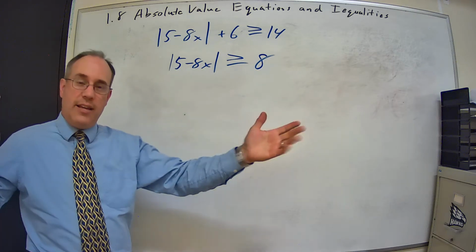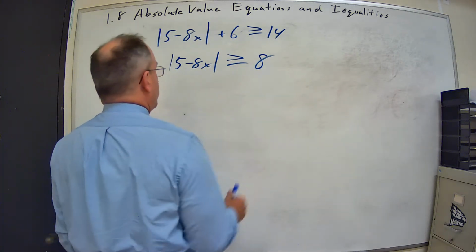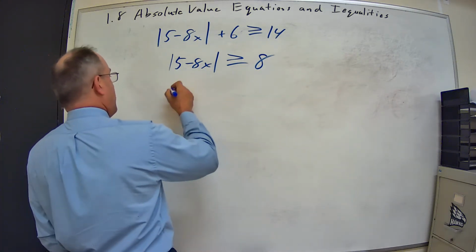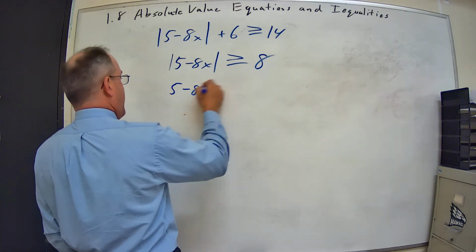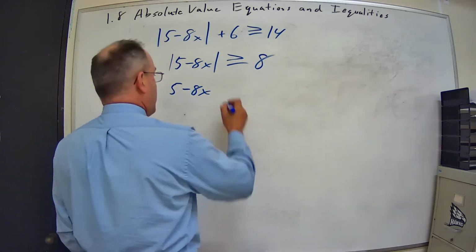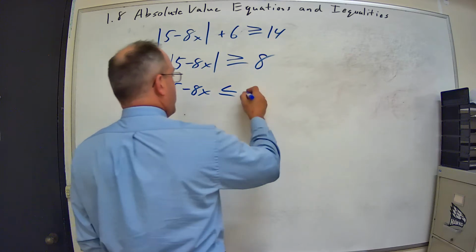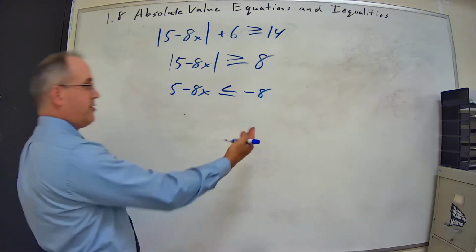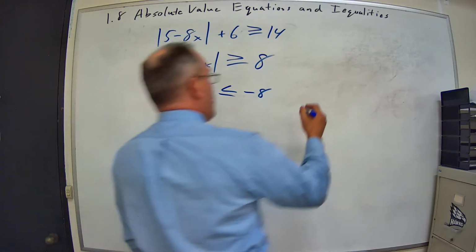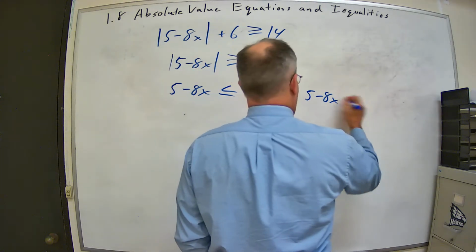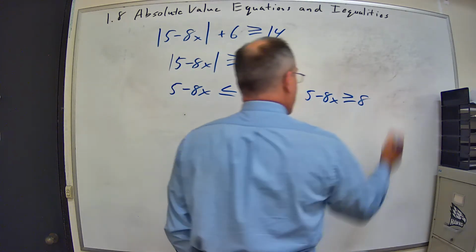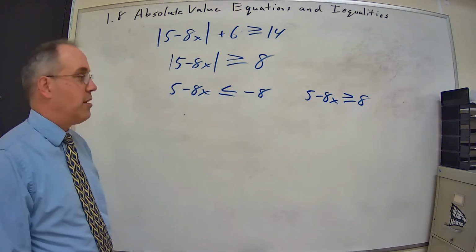But remember, we have to treat it as 2 because we're looking at the outside. So treat it as 2 different ones: we're either saying that 5 minus 8x is less than or equal to negative 8, or 5 minus 8x is greater than or equal to positive 8.